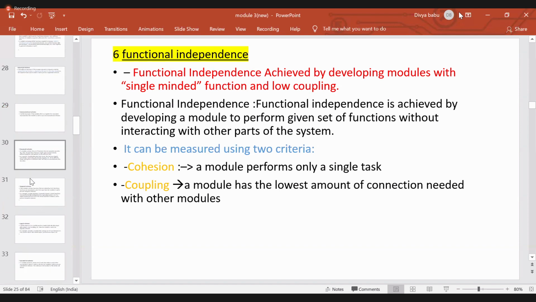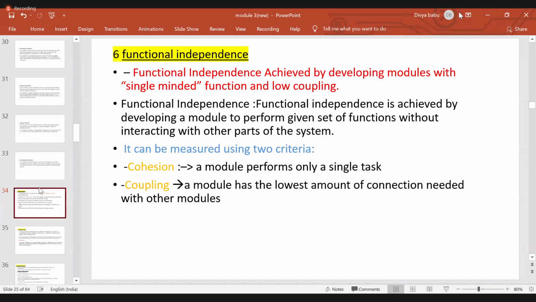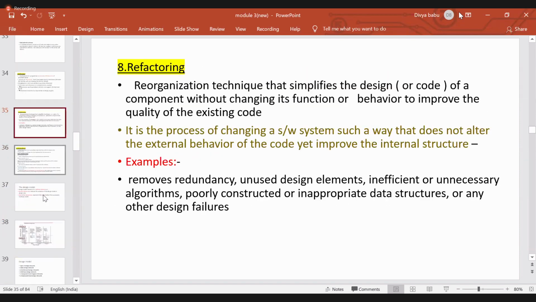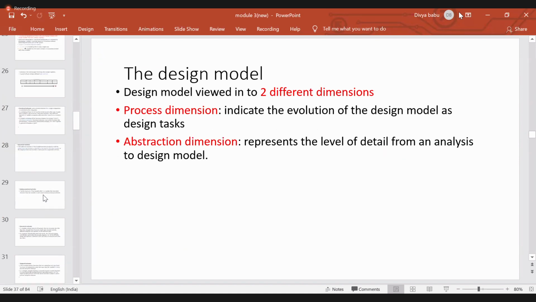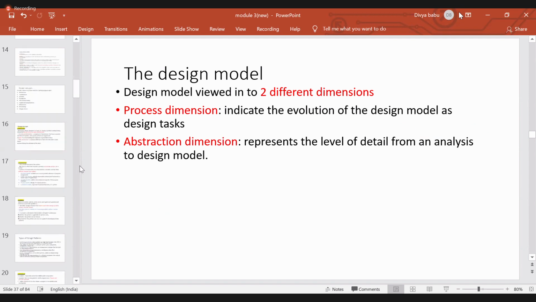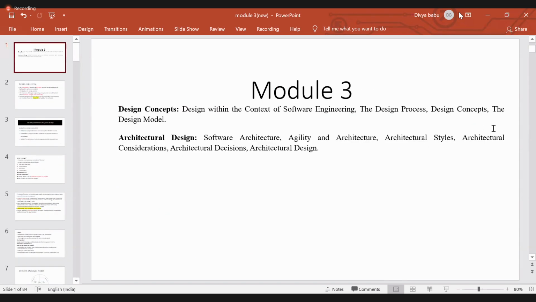These different categories are there. The next are refinement, refactoring, and design classes. Tomorrow I can finish this. The first part, design models, is the next heading. Design models, the last one. So tomorrow I will discuss the remaining design concepts.